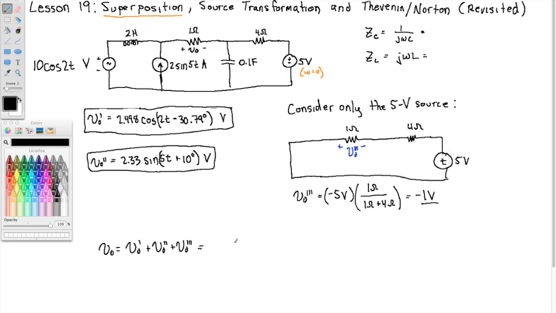That is 2.498 cosine(2t minus 30.79 degrees) plus 2.33 sine(5t plus 10 degrees) minus 1 volts. There's the answer.